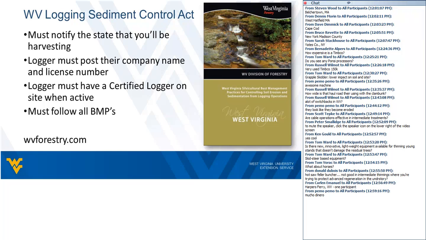And then the last thing, which is sort of the most important, is that it mandates that they follow all of the best management practices. So those best management practices, even though they're recommended practices, the Logging Sediment Control Act is the mechanism that then creates their requirement. If you're interested in looking at West Virginia's practices, you can download these from our State Division of Forestry at wvforestry.com.